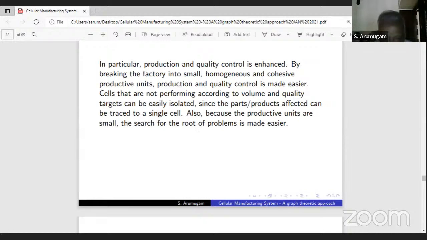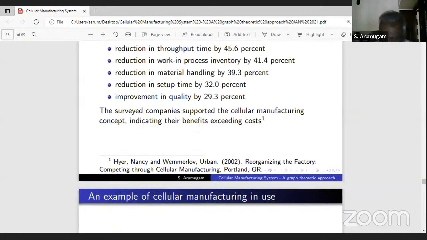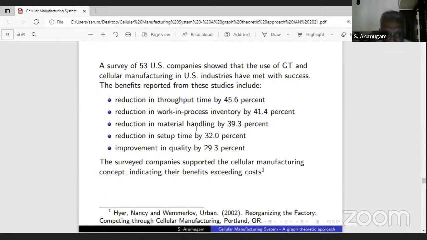the full manufacturing system. A survey of 53 US companies introducing cellular manufacturing systems found that they met with success.